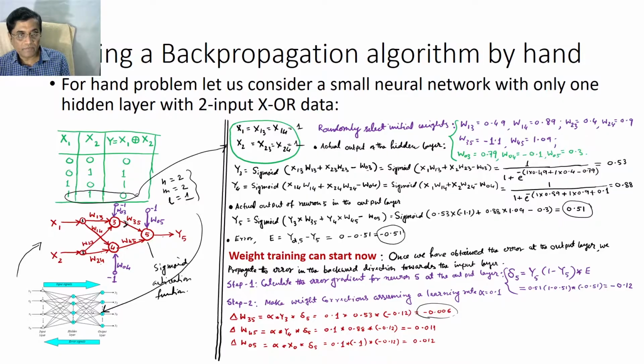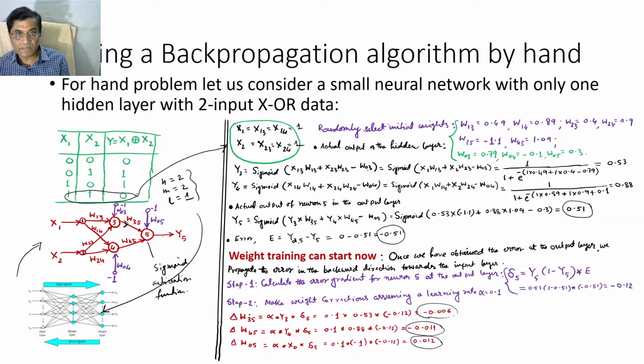This is the output of neuron 4 acting as an input to neuron number 5, and you calculate this one. You see, they are different. And the same way you calculate the compensation. This also has contributed to the error, so it turns out to be this.